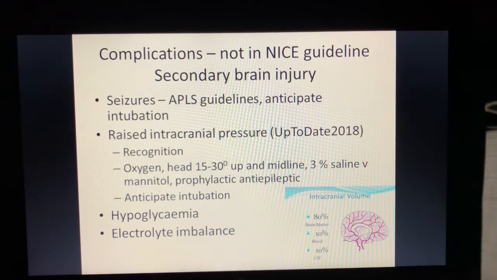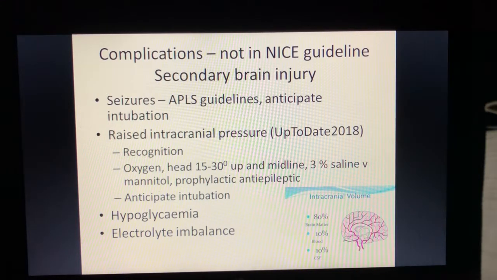The management of raised intracranial pressure, there's a nice précis and summary in UpToDate 2018 about what symptoms and signs to consider in recognizing the possibility of raised intracranial pressure, the initial management, which includes, importantly, keeping the head upright in the midline and using either hypertonic saline or mannitol, and even considering prophylactic antiepileptic.